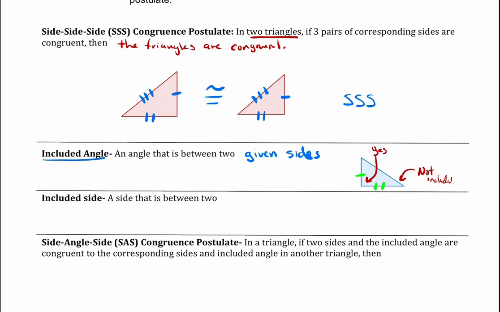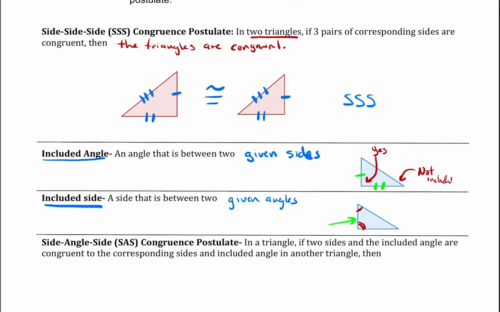An included side is very much the same. An included side is a side that is between two given angles. So again, if we take our picture of a triangle, and this time I say I know some angles. I know this angle and I know this angle.